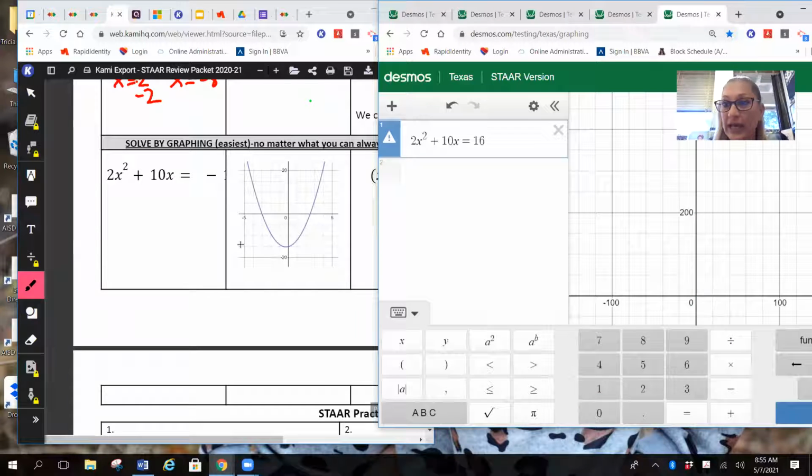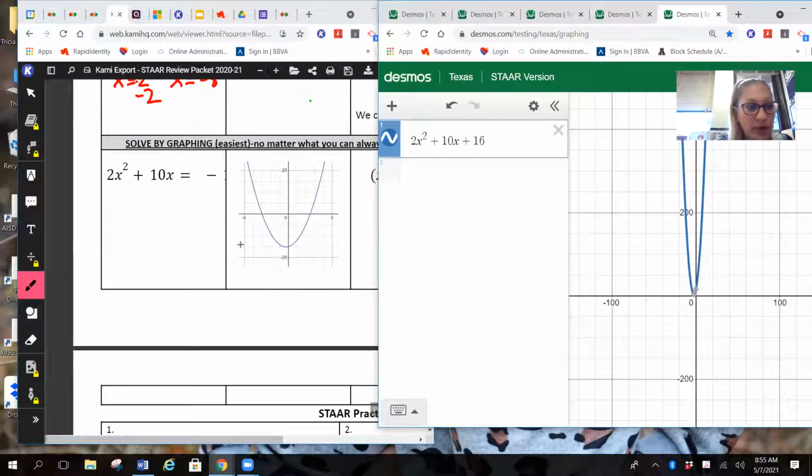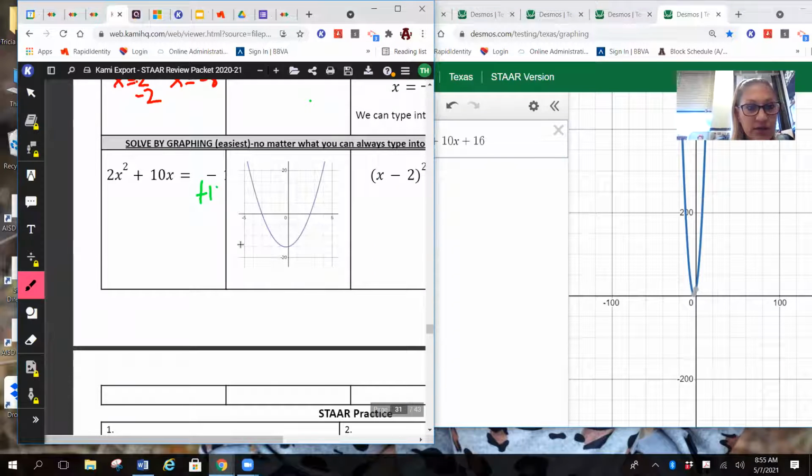Oh, it won't let us type questions with an equals 16. I'm going to have to add the 16. Remember, it won't allow us to type things into Desmos unless it's set equal to 0. So now I get 2x squared plus 10x plus 16.